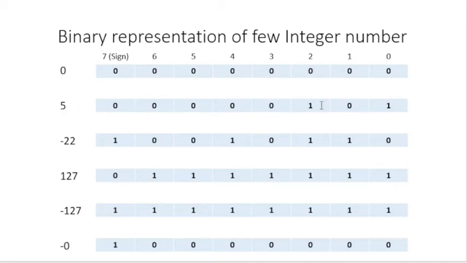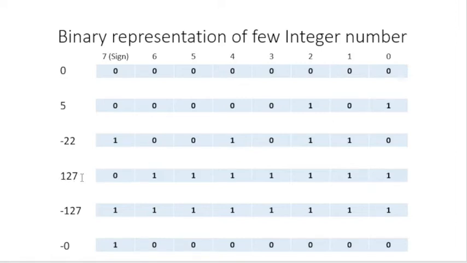If it is 5, so 4 plus 1, it's 5, positive, so sign bit is 0. When it is negative, minus 22, sign bit is 1, and these 3 bits are set, so if you sum them up, it would be 22.